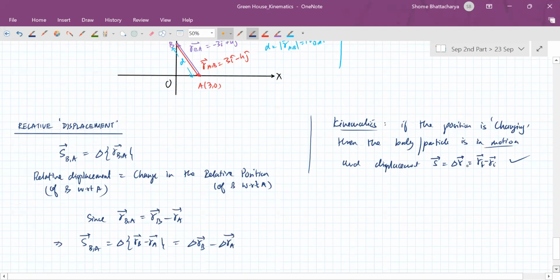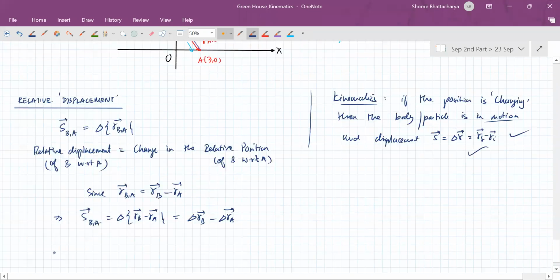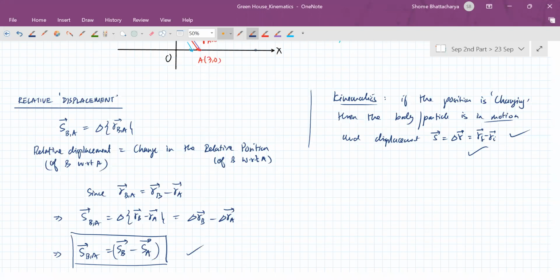So using the general definition of displacement, the displacement of B with respect to A becomes the displacement of B itself in ground frame minus the displacement of A in ground frame. This becomes the definition of relative displacement. It's very similar to the definition of relative position. Just like relative position of B with respect to A is RB minus RA, S of B with respect to A becomes SB minus SA. But remember, it's the vector difference. So just make a note of this.